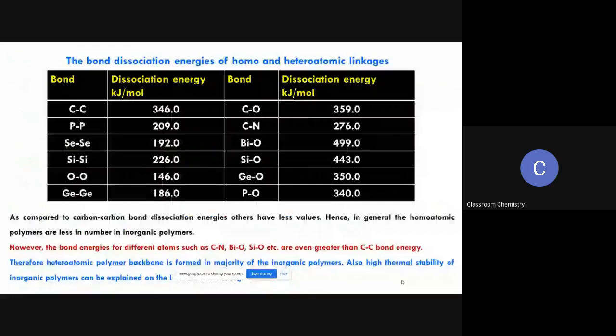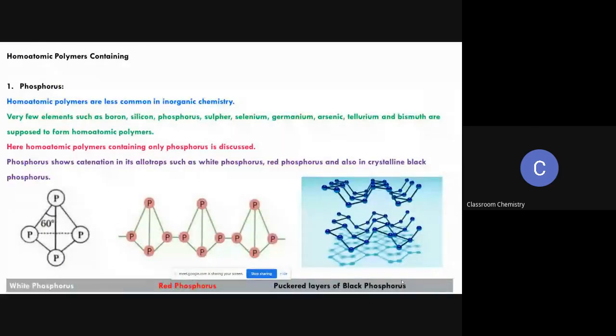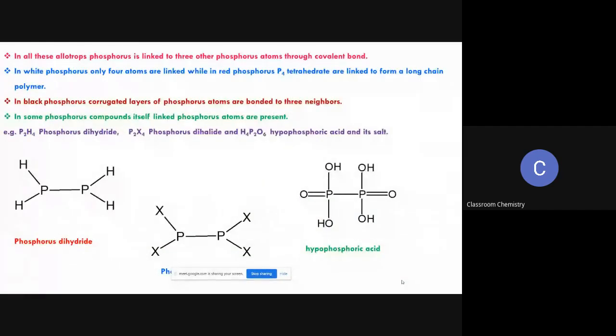Okay, so I have just revised here what we saw in the last lecture. We want to see the homoatomic polymers containing phosphorus, and the allotropes of phosphorus are white phosphorus, red phosphorus, and puckered layer black phosphorus. There are some examples like phosphorus dihydride, phosphorus dihalide, as well as hypophosphoric acid.